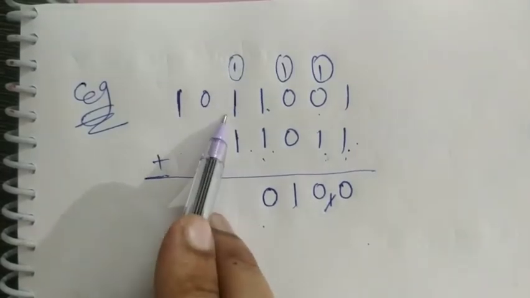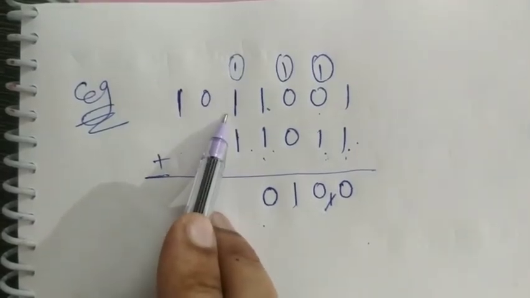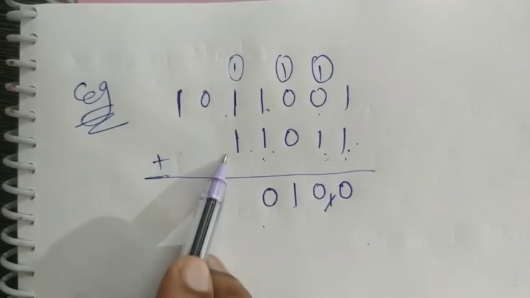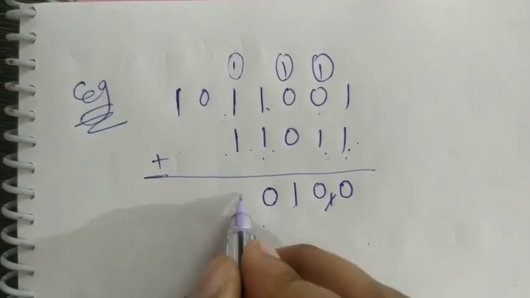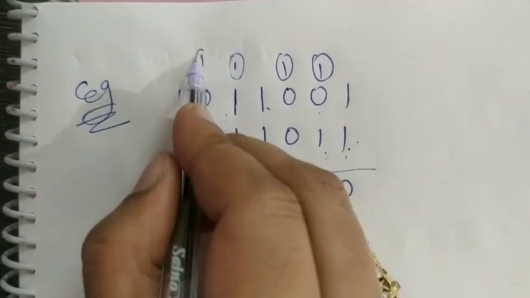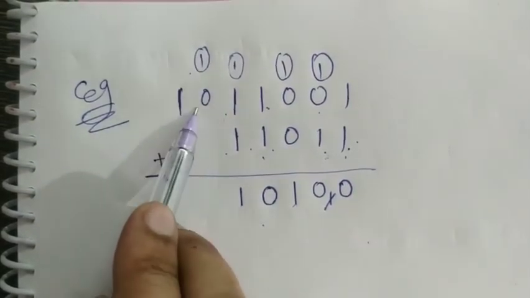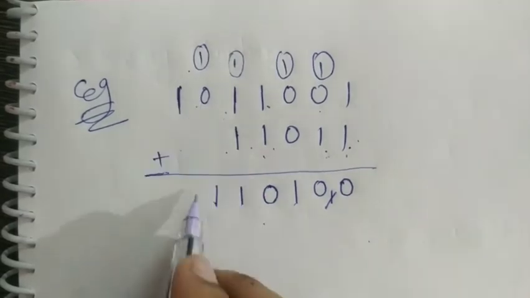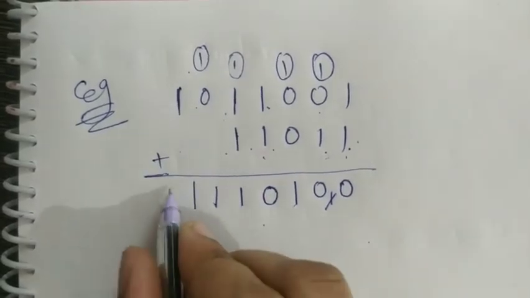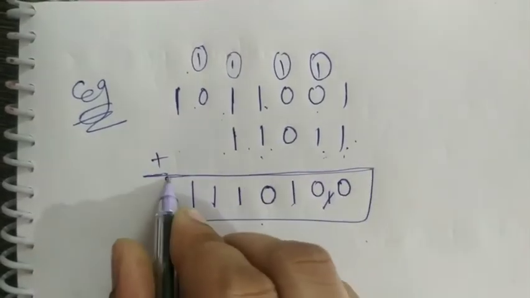Again 1 plus 1 is 2, 2 means 10. 10 plus 1 means 11. So 1 is here and 1 is carried forward. Again 1 plus 0 is 1, and this is 1. This is your binary number after addition.